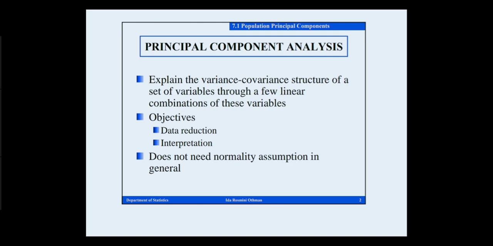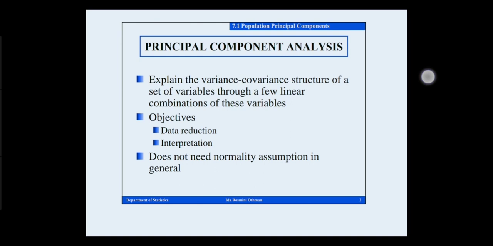Okay, so actually the component analysis, also called principal component, explains the variance covariance structure of a set of variables through a few linear combinations of these variables. So as you know before this, from the linear combination you know we have several linear combinations and we can find the variance covariance matrix for the linear combination.